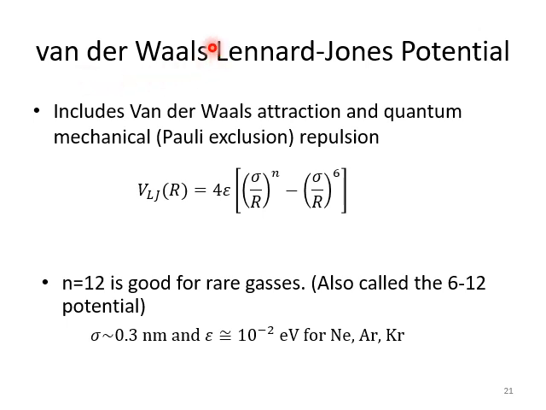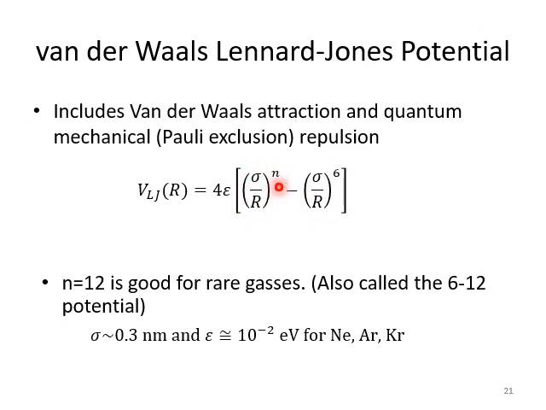The van der Waals is approximated, and again, this is an experimentally determined term, by what's called the Lennard-Jones potential, and it's very frequently called the 6-12 potential. And it consists of two terms. One is the interaction of the electric dipole fields with the atoms, the polarization of atoms under field, which depends upon 1 over the distance between the atoms to the 6th power. And that's attractive, so we put it as negative.